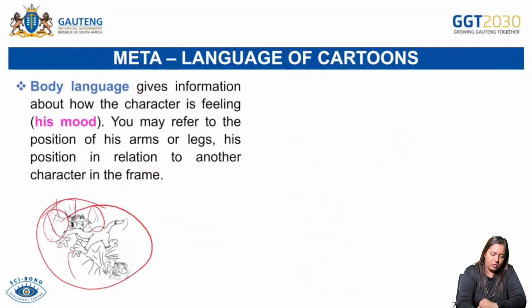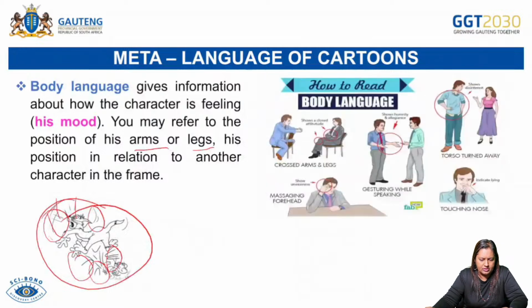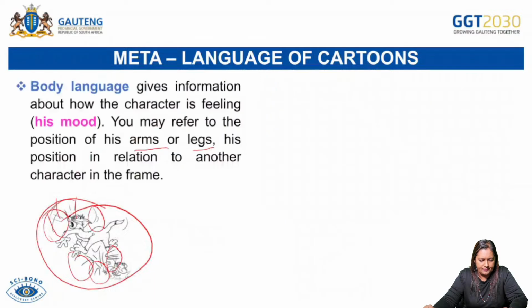Okay. Those are the motion lines showing what's happening with the character. So the body language in this instance gives us information about the character and how he or she is speaking, his mood. You may refer to the position of his arms or legs, and that in relation to another character in the frame. So look at the way in which Jerry has kicked. Let's go back on this. Sorry, let's see if I can go back.